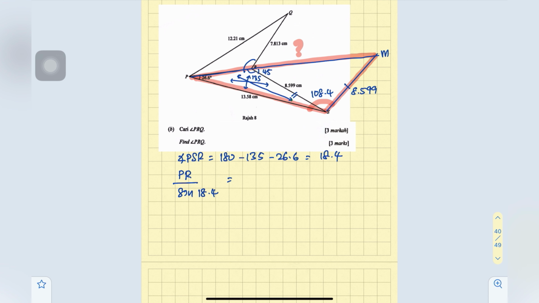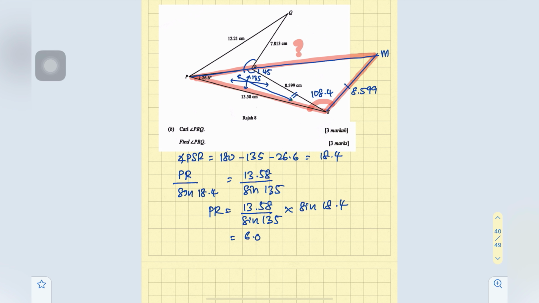Okay, equals to, yang ni kita boleh guna mana-mana length. Katakanlah saya nak pilih length PS. So 13.58 dengan bahagi dengan opposite angle is 135. Okay, so PR 13.58 over sin 135 times sin 18.4. Okay, so akan dapat 6.0620.